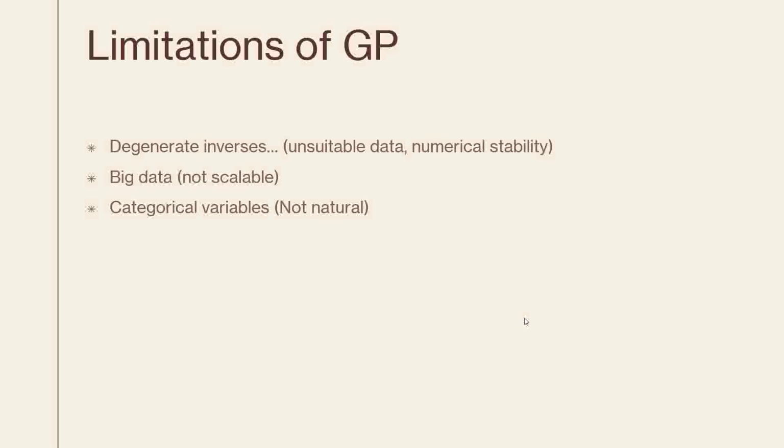We already saw that GPs shine when there is less data and not when there is more data, because there are better methods when there is big data. So it's not scalable. And categorical variables are not natural to GP, but I'm sure modern libraries have some kind of support for categorical variables here and there. So if you're using categorical variables and if the underlying library is supporting them, you probably need to investigate a bit.